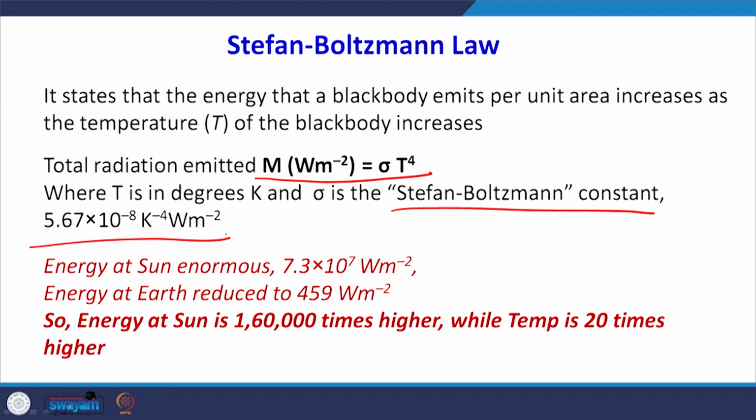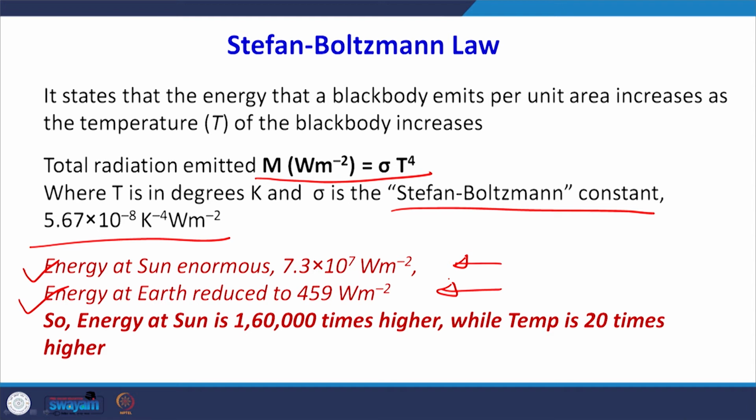What it says is that as the temperature increases, the radiated energy would increase many folds because of this relationship. So let us work out the energy at the sun, which will come out to be 7.3 into 10 to the power 7, and the energy at the earth will come out to be 459, if we substitute the temperature of the sun body and the earth body, the same temperatures as in the previous example.